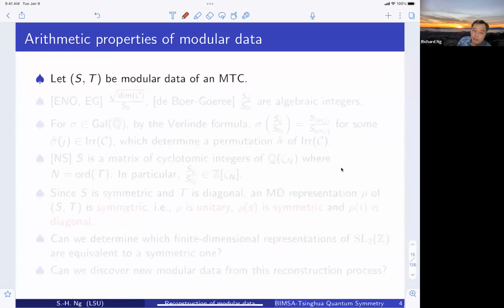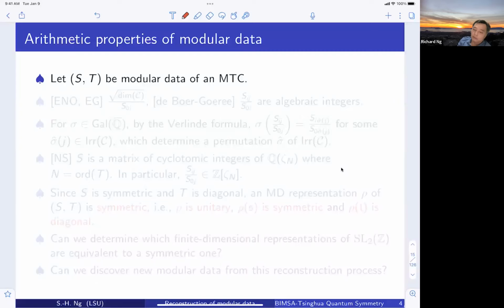Now we have the background on MD representations, and what we want is this. If I have the MD representation defined by a modular tensor category, from the point of view of representation theory, I don't really care about the representation itself. We care about the representation type. At this point we only talk about representation type, but later you will see that the whole thing is about representations of a finite group. Then we can just talk about the character of the finite group, and ask whether this character determines a certain modular tensor category or not. This is more or less the goal.